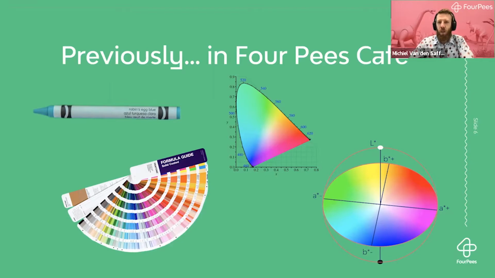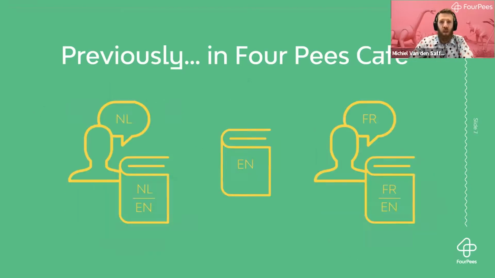And the advantage of using a system like LAB is that you can work from spectrophotometric measurements and use that information to use coordinates.